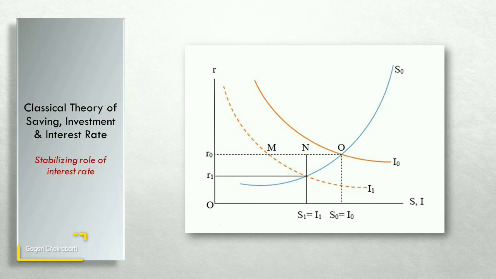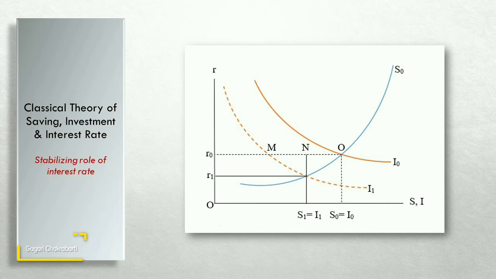Here we are assuming that the government budget is balanced, so that G minus T is equal to 0, so that loanable funds are demanded only by the private firms in the economy. We have then only the I curve and not the I plus G minus T curve as we considered earlier. In the diagram, the reduction in investment is shown by the distance OM.